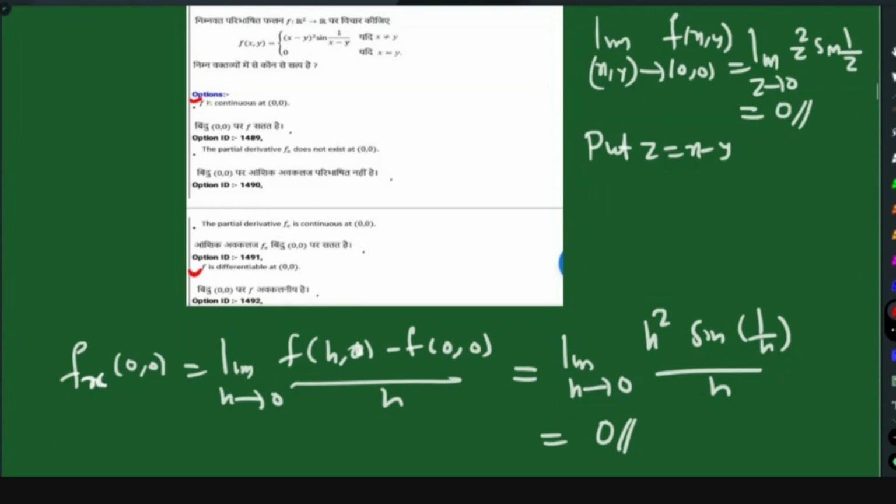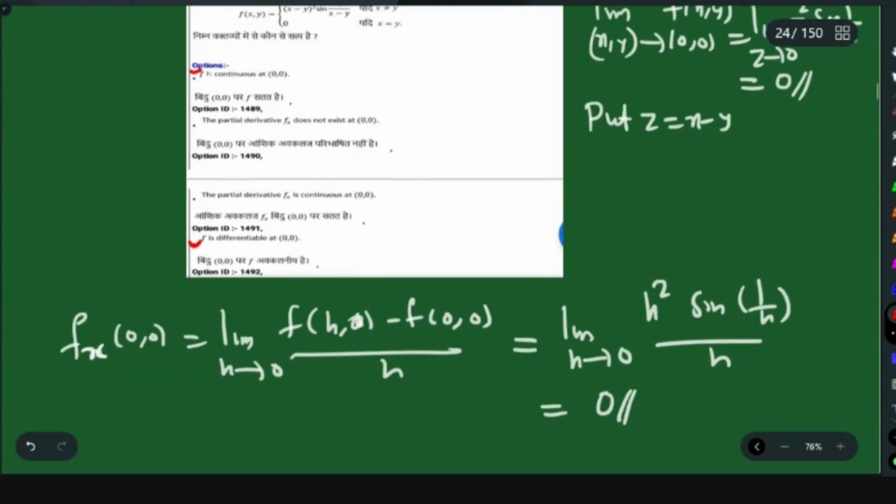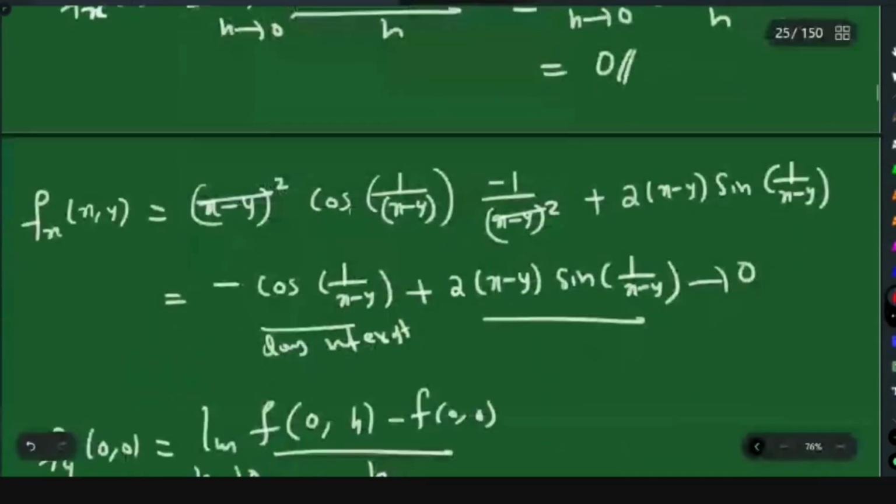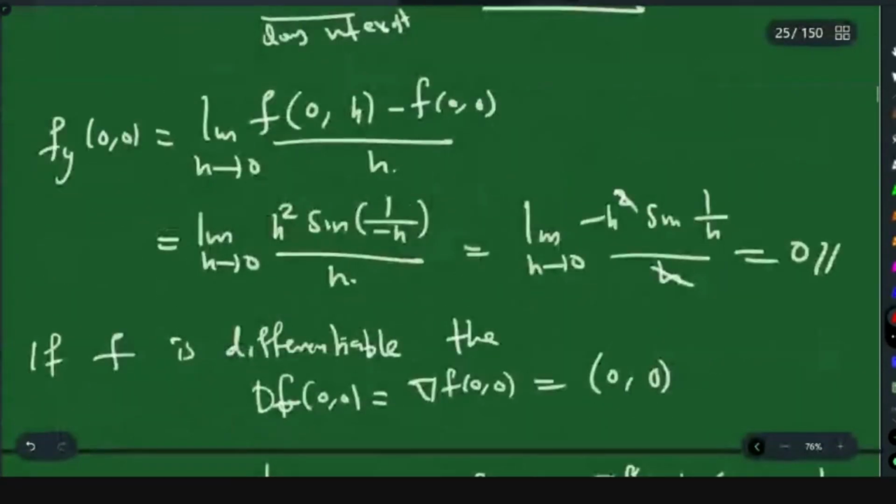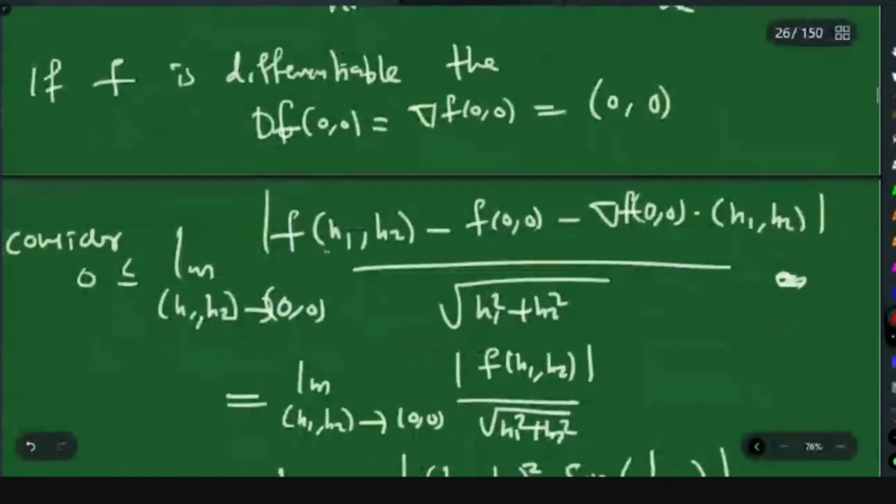Sir, in the fourth option, f is differentiable. I have some doubts there, sir. Why that formula, del f of (0, 0) dot product with (h1, h2)? Yeah, you are taking the dot product. Okay, sir. That is del f dot (h1, h2), that is (0, 0) dot (h1, h2).